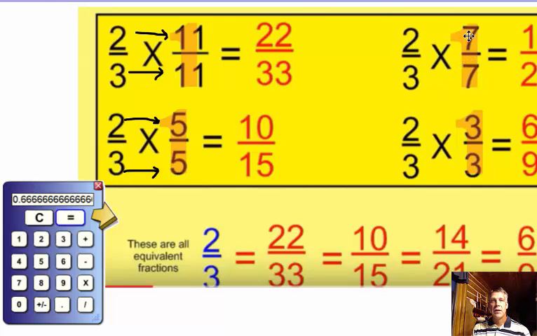So 2 times 7 is 14, 3 times 7 is 21. And then same here, 2/3 times 3 over 3. That's going to be 6/9. And again, it's the same as 2/3. So how do I find equal fractions if all of these are equal? Well, I just multiply the top and the bottom by the same number, because that's 1.